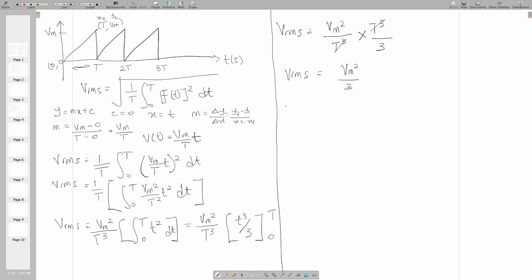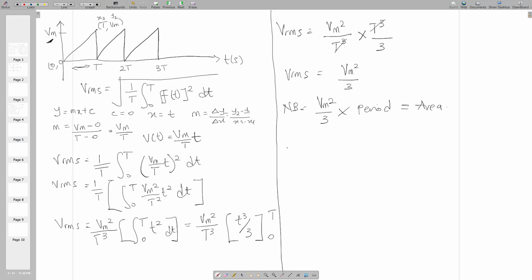So the key thing here is that you should note that if you have your Vm squared on 3, the Vm in this case is your peak value, because you can see that from the diagram the Vm here is the peak value. So if you have your peak value, that's the Vm, and you square it all on 3 and you multiply it by the period of the sawtooth, you should get the area of the sawtooth.